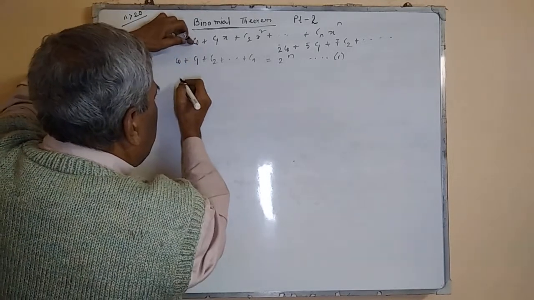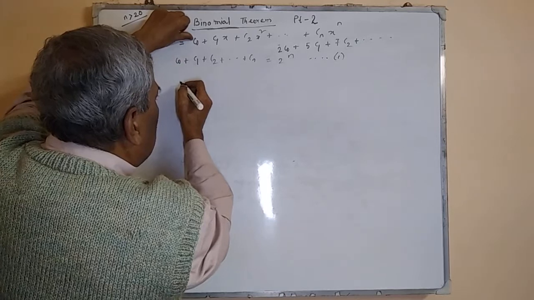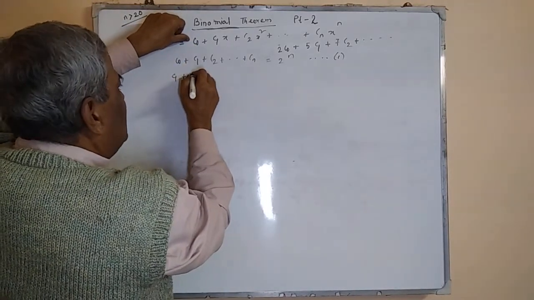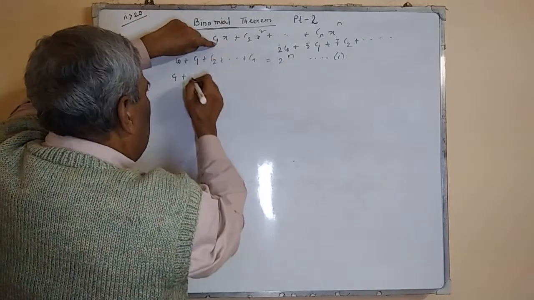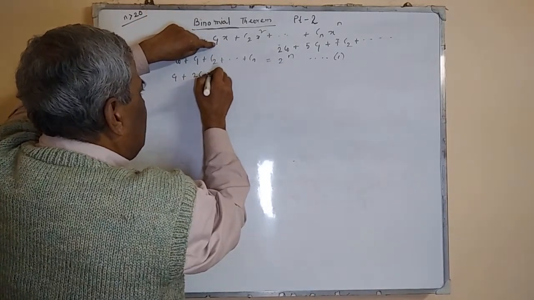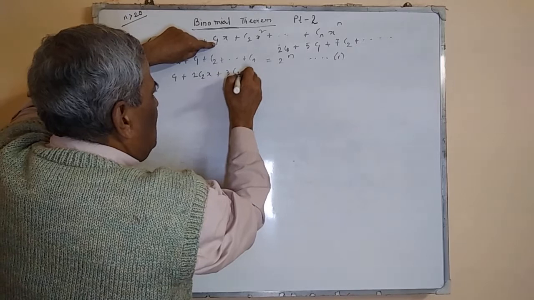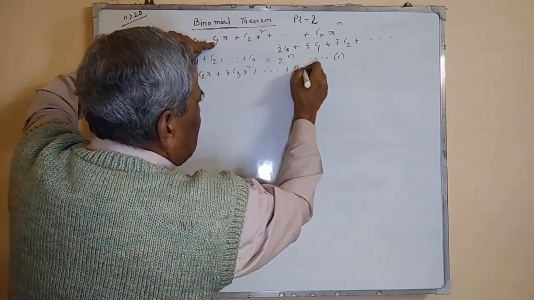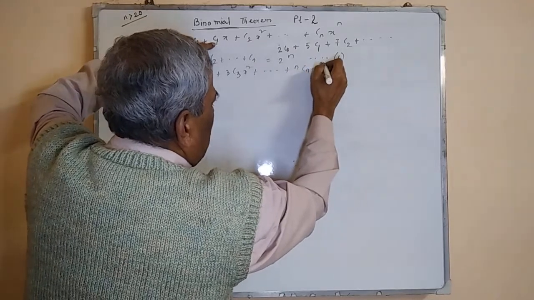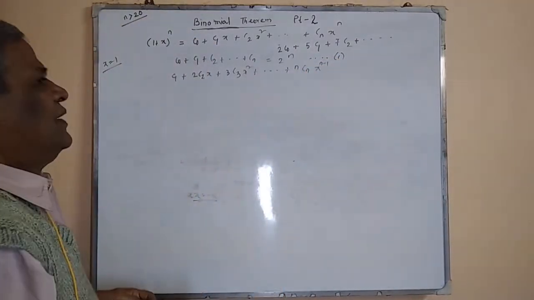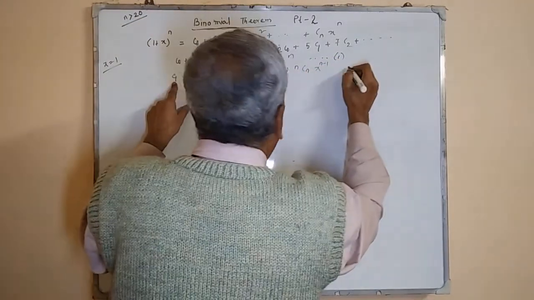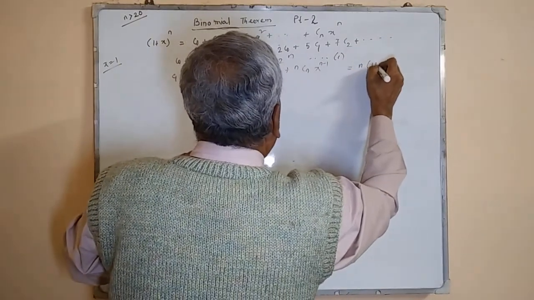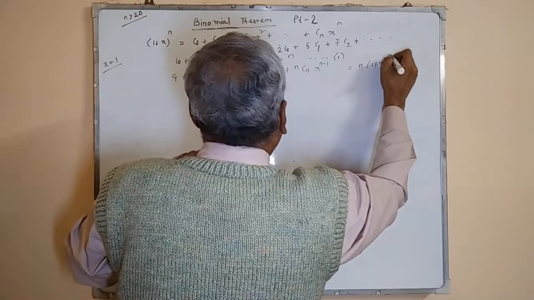The right hand side becomes, this is 0 because it is constant, C1 plus 2C2 into x plus 3C3 into x square and up to nCn into x to the power n minus 1. That will be equal to derivative of this, n into (1 plus x) to the power n minus 1.